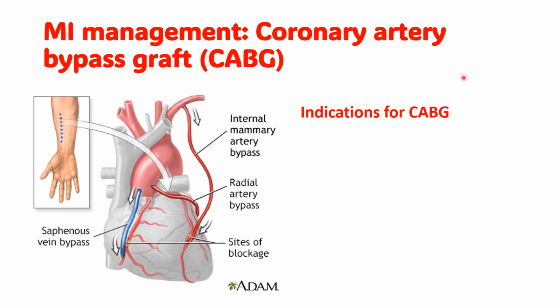All right, okay. So let's talk about coronary artery bypass graft, or CABG. I was lucky enough to see some of these procedures during my elective in Australia. And these procedures can be off pump or on pump.